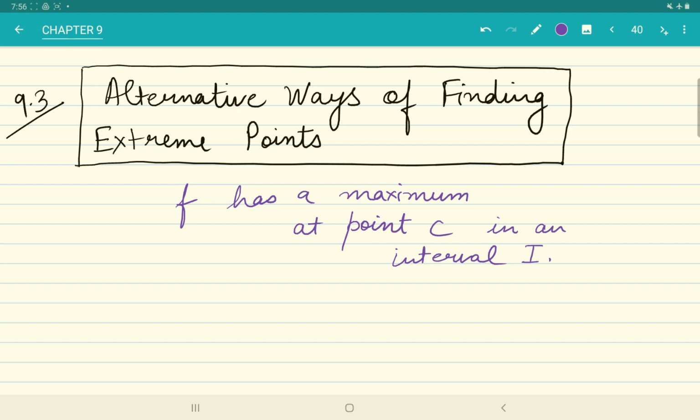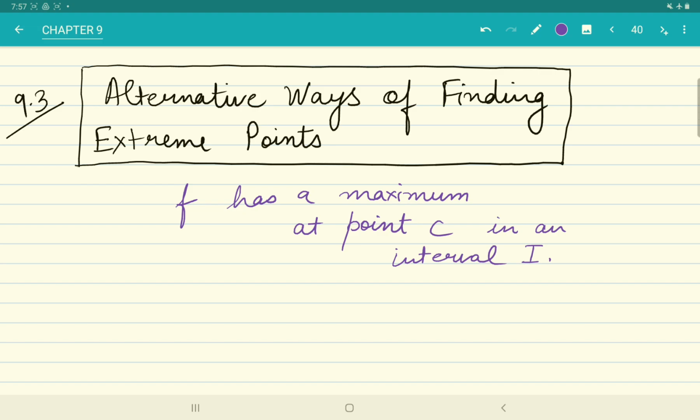So this maximum value can be there at the endpoint of the interval. The point to note here is, when I talk about a function f, and we know that there is a point C in the interval I, and at point C the function has a maximum. This maximum can occur at a point in the middle of the interval.